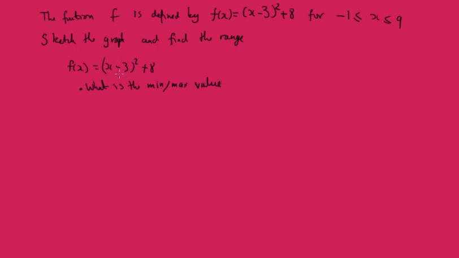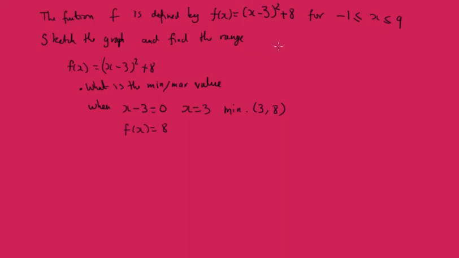For this, this part here is squared, so the smallest value must be when this is 0. So when x minus 3 equals 0, that's when x equals 3. And f of x then would equal 8. So this is the minimum point. It's going to be 3, 8.